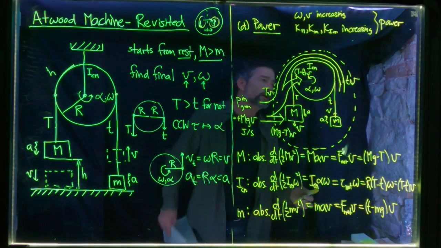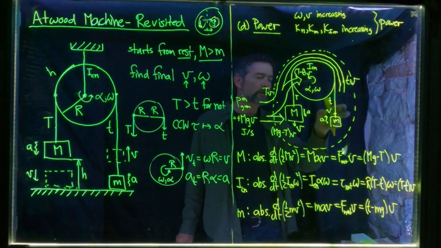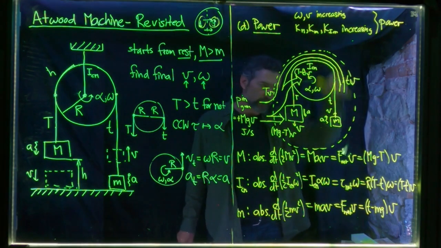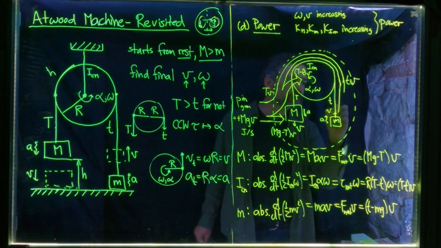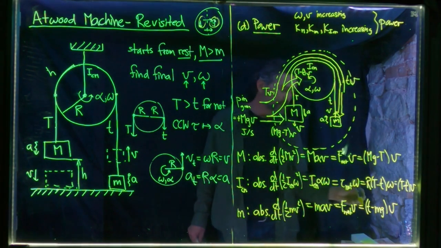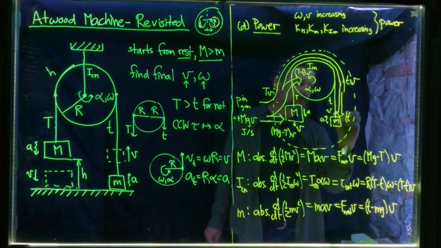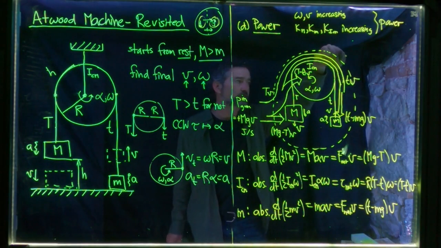Okay, so this is really nice. What we have is a power conduit coming down with an intensity of little T v. Not all of that little T v power goes into M. The amount of power that goes into M is smaller, and the amount that goes into M is little T minus mg times v. So we started with a power conduit of intensity little T v.